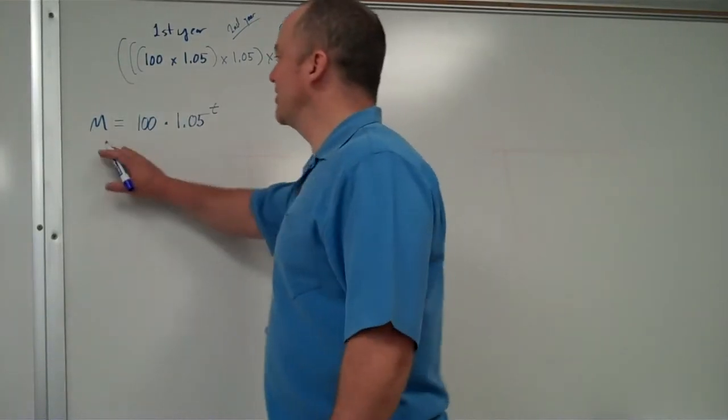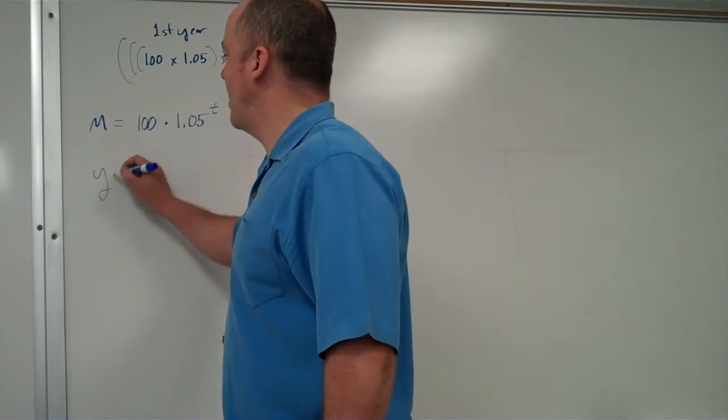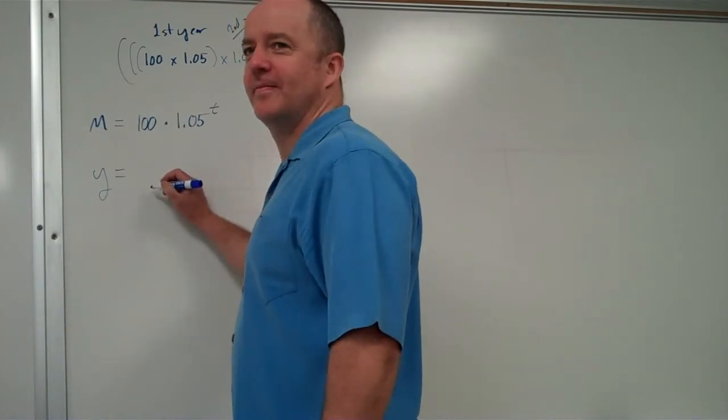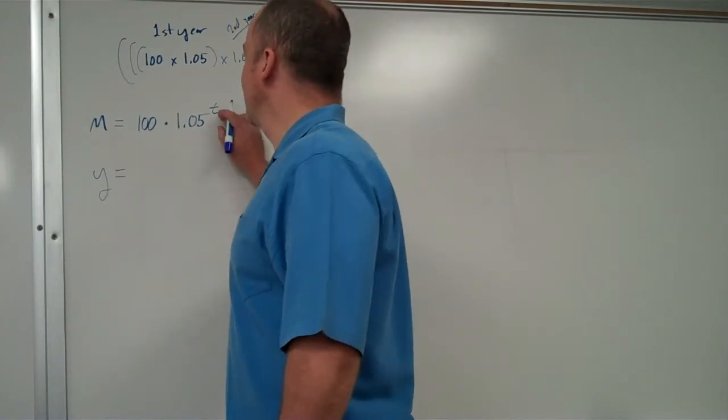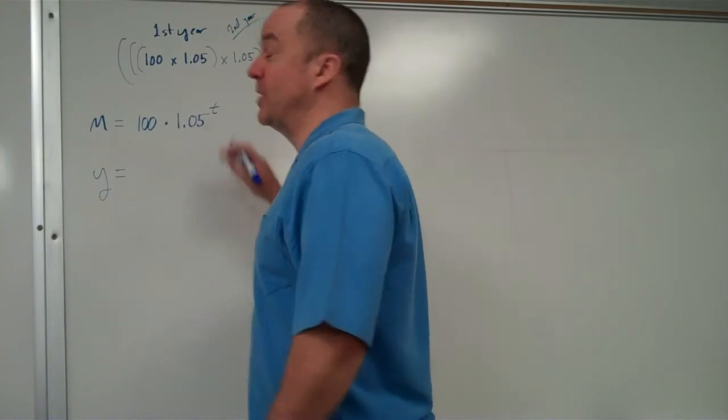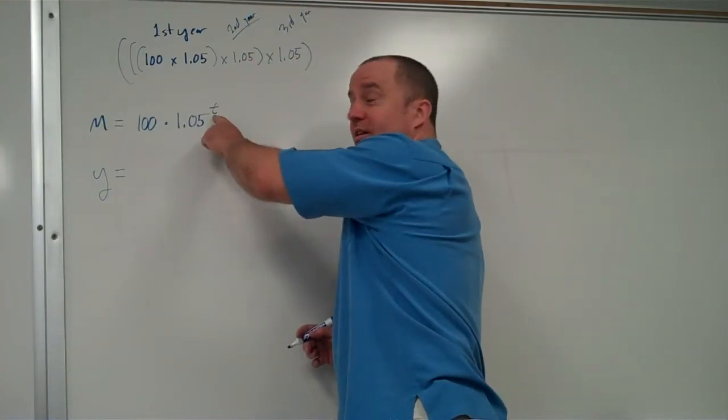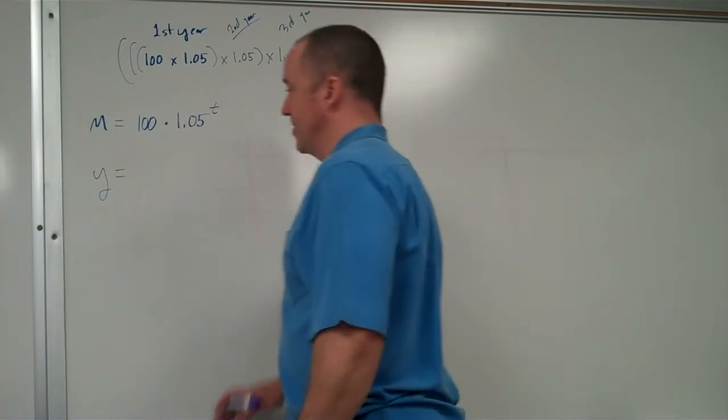Why would you put a T for time? Because that's the exponent. If we leave this alone for 5 years, you put a 5 there.